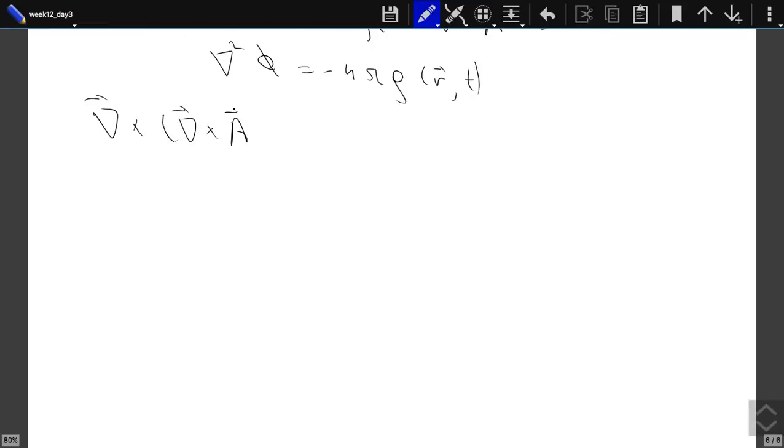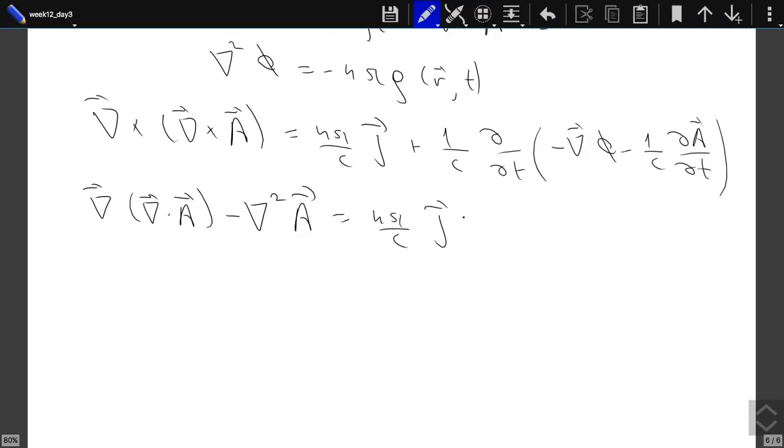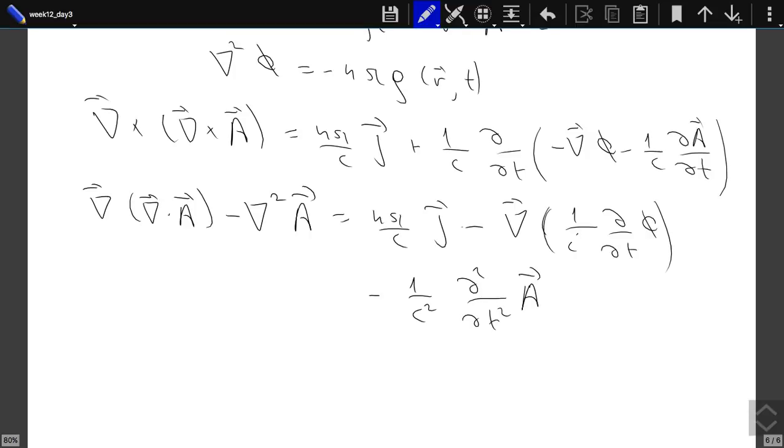Curl of B, which is curl of A, is 4 pi over C times J plus 1 over C d by dt of E, which is minus the gradient of phi minus 1 over C del A by del T. So the first term is the gradient of divergence of A minus the Laplacian of A. This is equal to 4 pi over C times J minus the gradient of 1 over C del by del T of phi minus 1 over C squared del squared by del T squared of A.